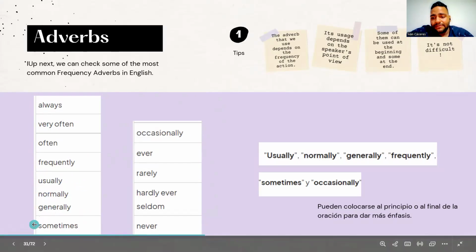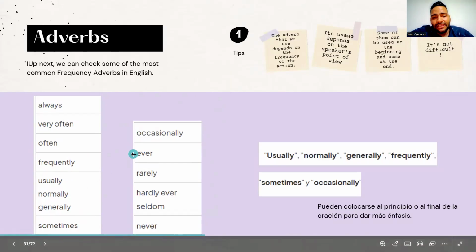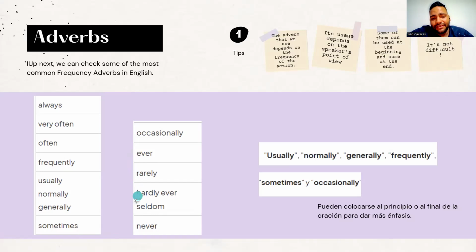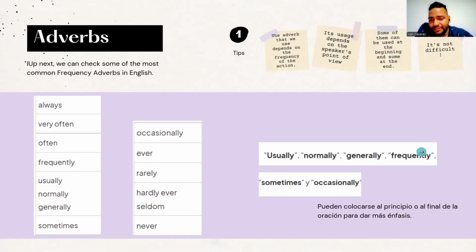Then we have sometimes, which is half the time, or 50% of the times. Then we have occasionally, ever, rarely, hardly ever, or seldom. And finally, never. Okay?